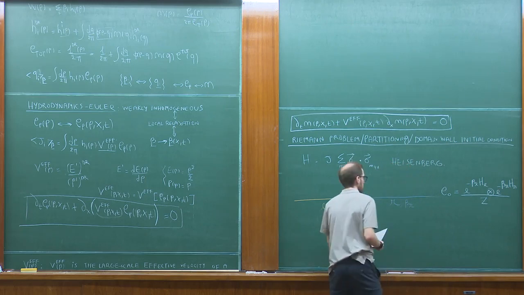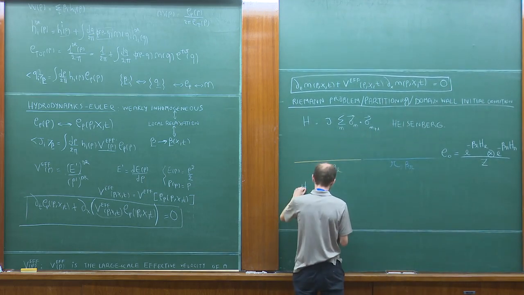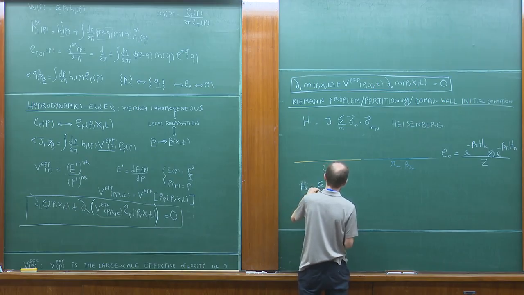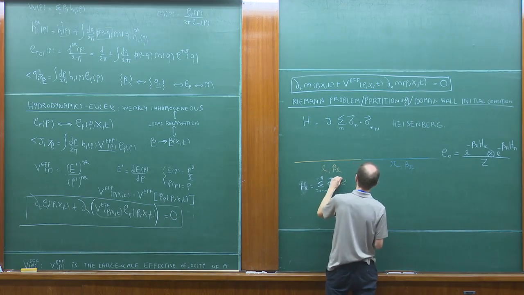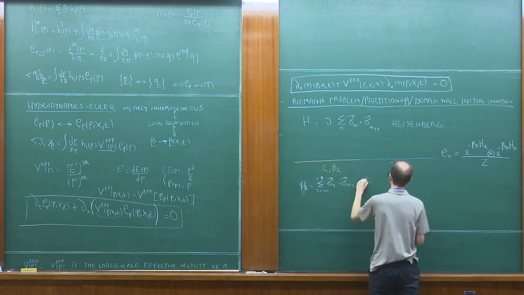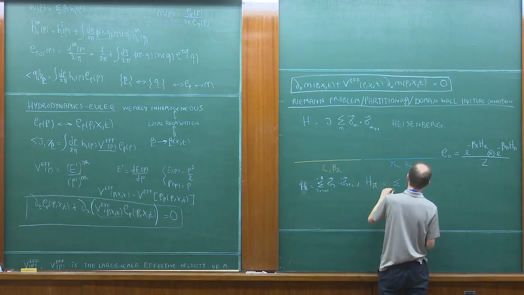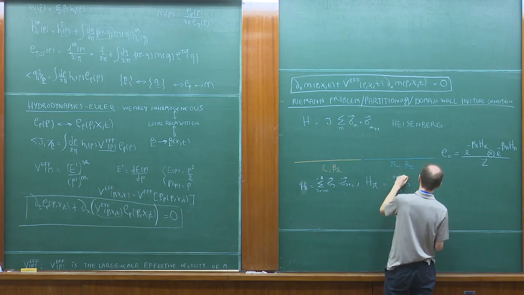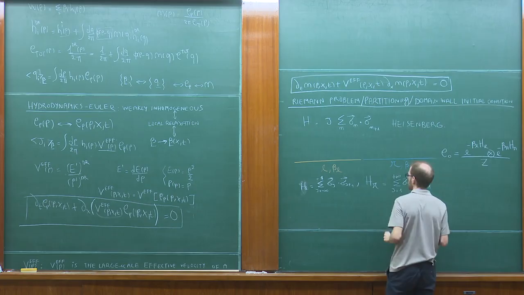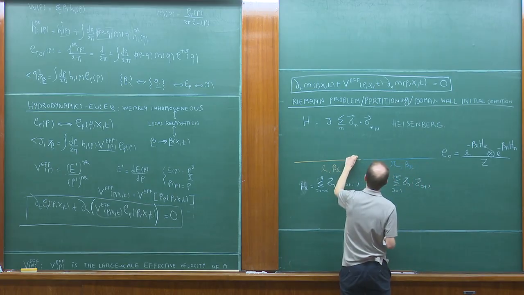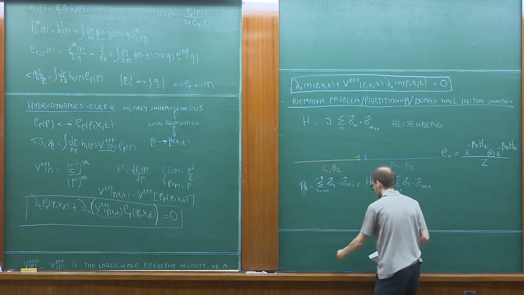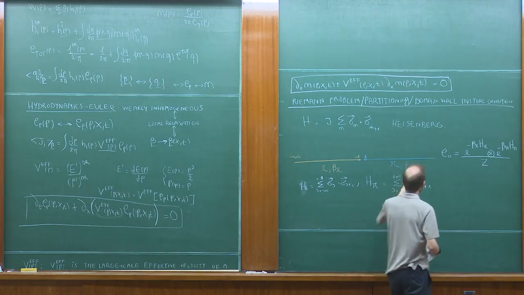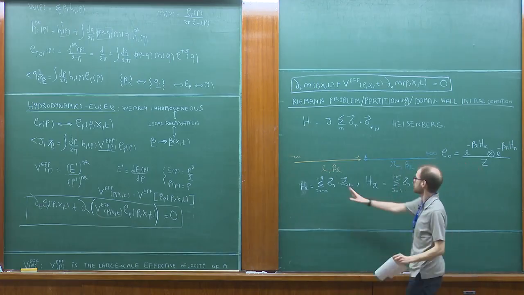And let's say H left and H right are two half-infinite chains.